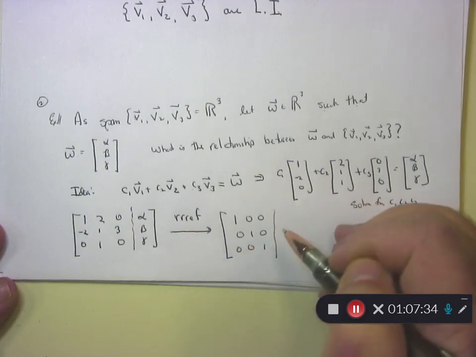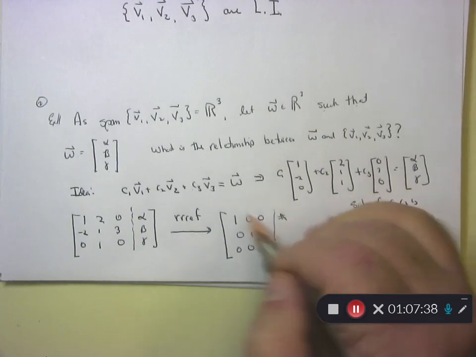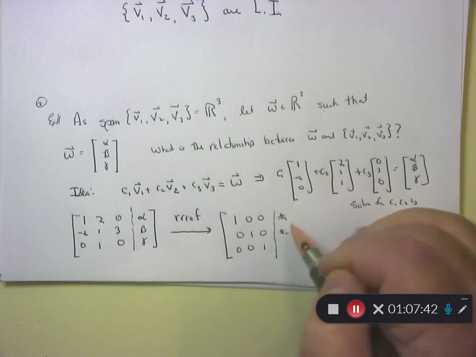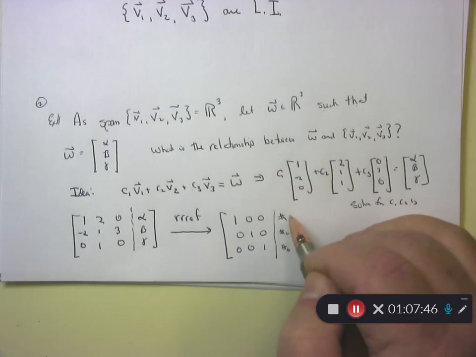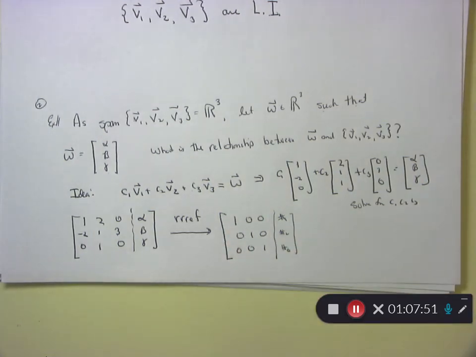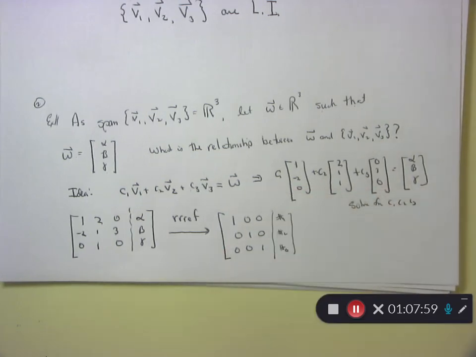And I'm going to get some kind of number over here, based upon alpha, beta, gamma, and some constants. A number over here too, based upon alpha, beta, gamma, and a number over here, again based on alpha, beta, gamma. Once I get this, I could show you that this arbitrary vector is literally dependent on these guys here.